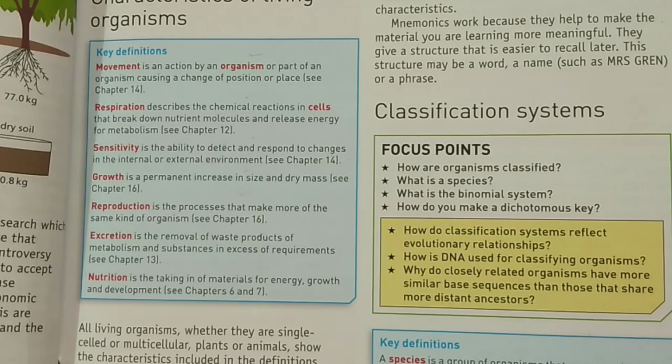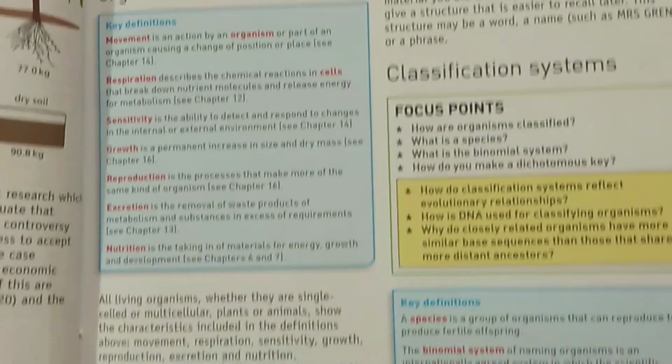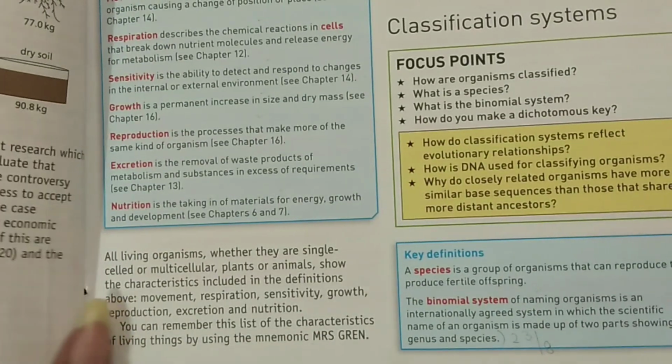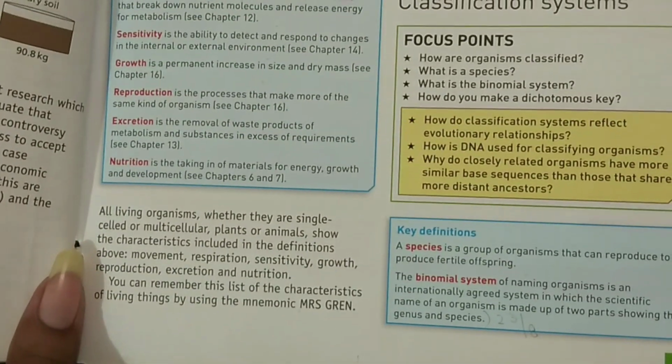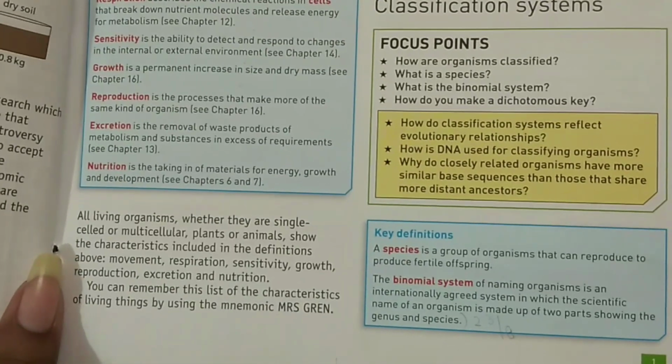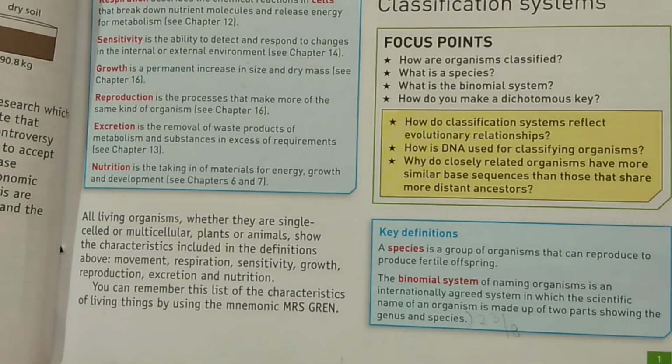The international classification system is known as the binomial system, which is used to assign organisms to classes, those organisms that share some basic characteristics. First we have to understand what species are and what the binomial system is that is used internationally for classification.